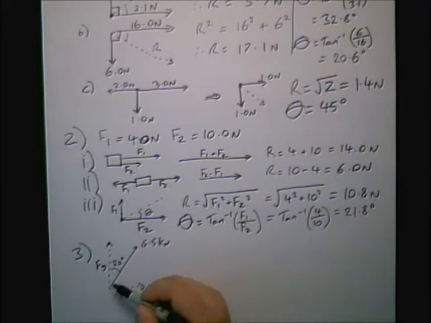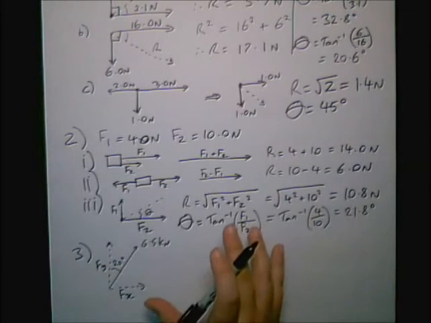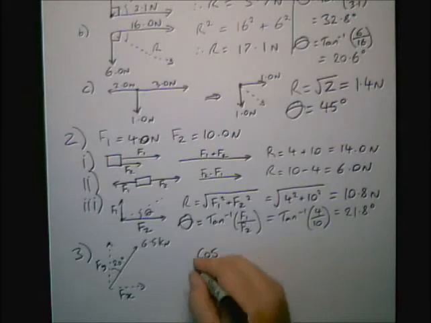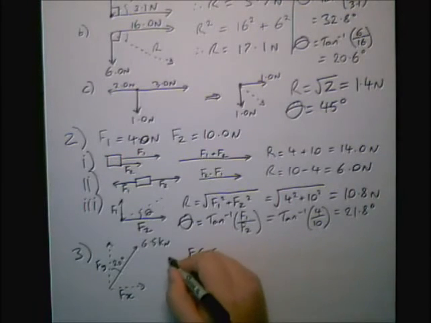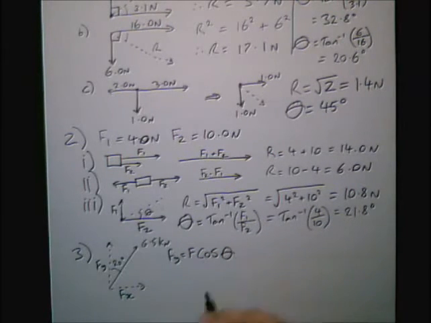And if we remember SOHCAHTOA, we're looking at the CAH part of it. Cos equals adjacent over hypotenuse. So as long as you can remember which one we use, in this case it'll be cos, the rest you can edit in without really having to put too much consideration into it. Fy is equal to F cos theta.